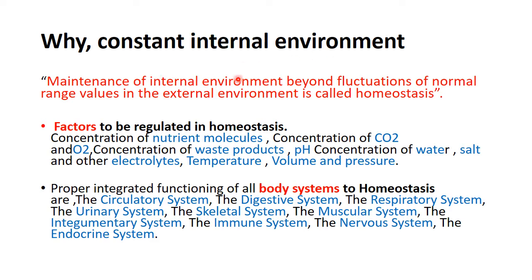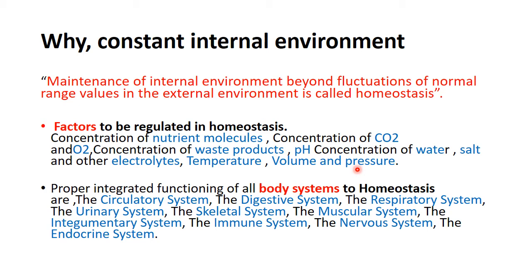There must be a normal range, and beyond that there is maintenance of the internal environment. It's called homeostasis. What factors can be regulated in homeostasis? Important nutrient molecules, concentrations of carbon dioxide and oxygen, concentration of waste products, pH, water, salt, electrolytes, temperature, volume, and pressure have to be regulated in homeostasis.